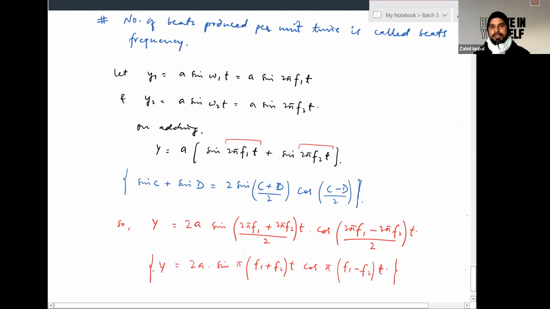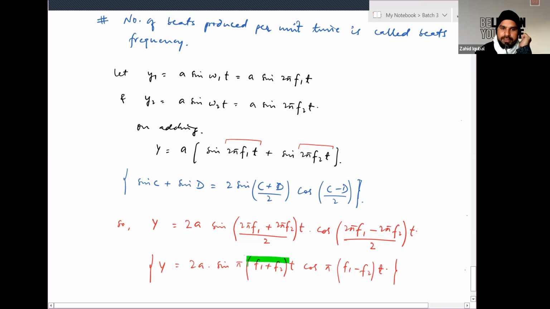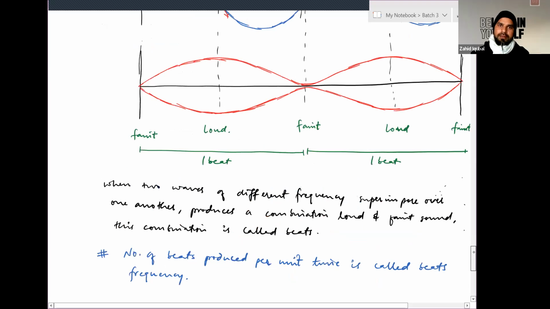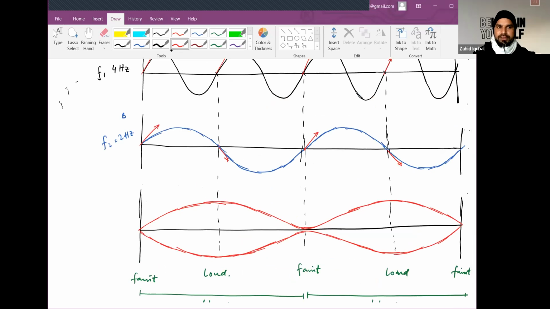This is the resultant expression. So in this term, we have two different expressions. One is f1 plus f2, and the next is f1 minus f2. Let me define these two parts according to the actual graph. In the graph, we have two different function frequencies. F1 is 4 Hertz and F2 is 2 Hertz.